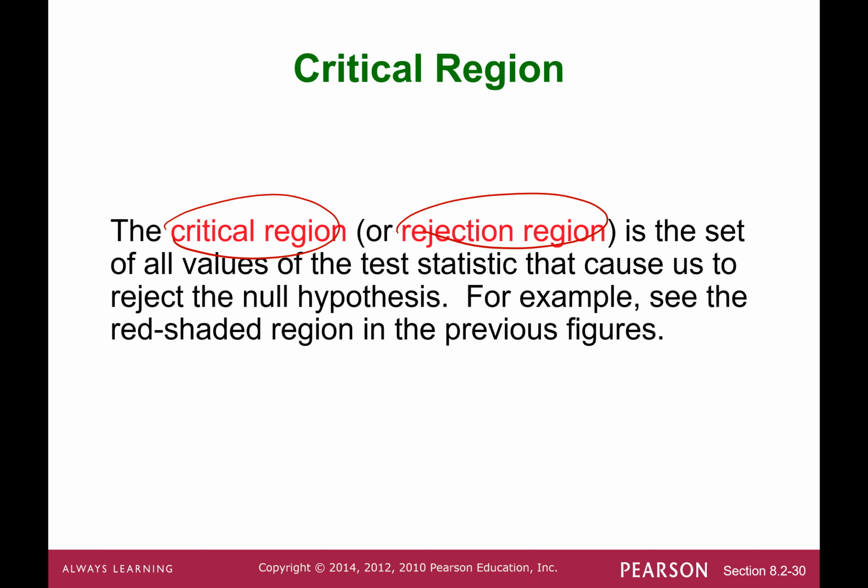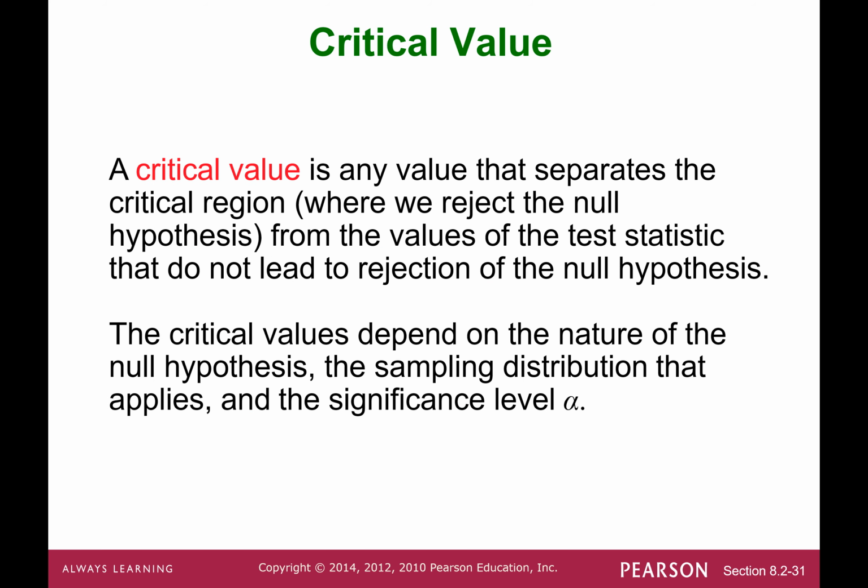It's the set of all values of the test statistic that cause us to reject the null hypothesis. So if the test statistic falls in the rejection region, reject H0. If the test statistic falls outside the rejection region, then we fail to reject H0. The critical value is any value that separates the critical region from the values of the test statistic.